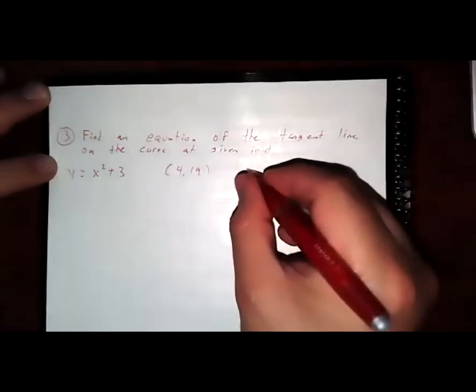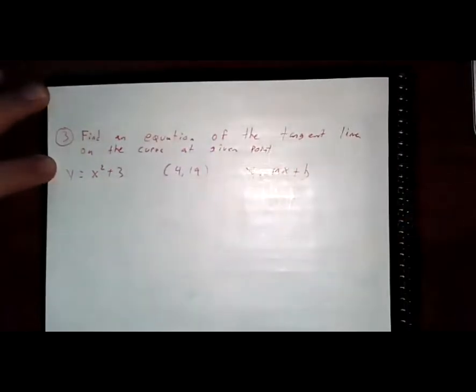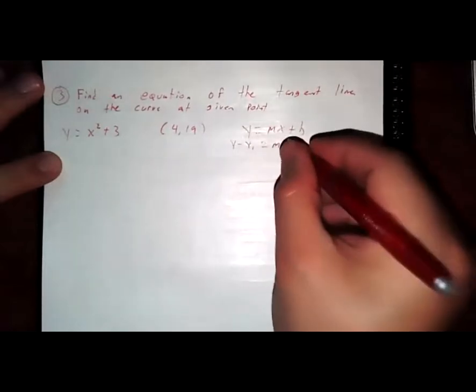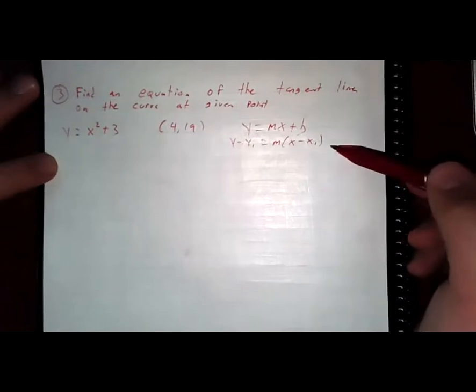So they want us to find some line, right? Which is mx plus b. We should probably write down the formula, point slope formula. This one will be easier to use than this one.